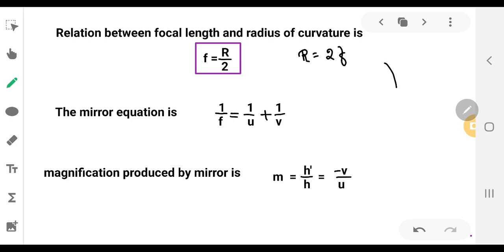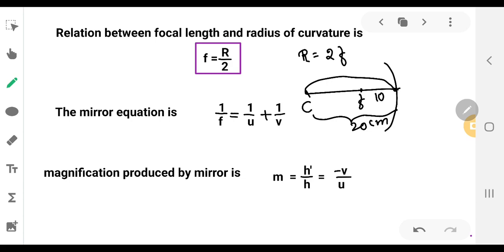So if you have a concave or convex mirror, if your focal length is at a distance of 10 centimeter from the pole, then your center of curvature will be at a distance of 20 centimeter from the pole. Radius is always 2 times that of the focal length.